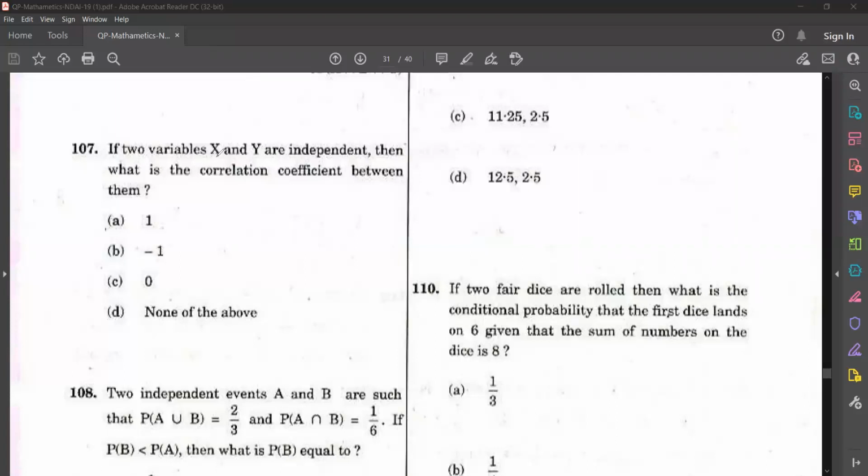If 2 variables x and y are independent, then what is the correlation coefficient between them? Okay, so there is nothing to do in this question. I want all of you to comment your answer now itself.